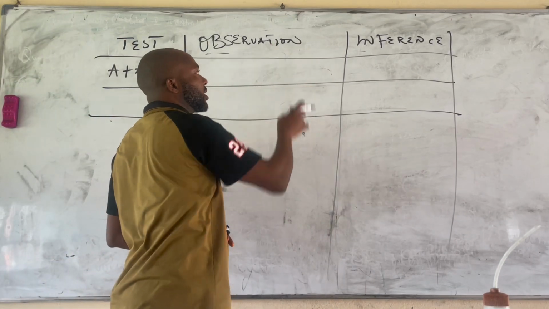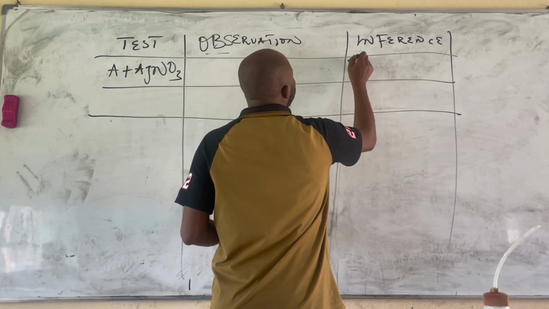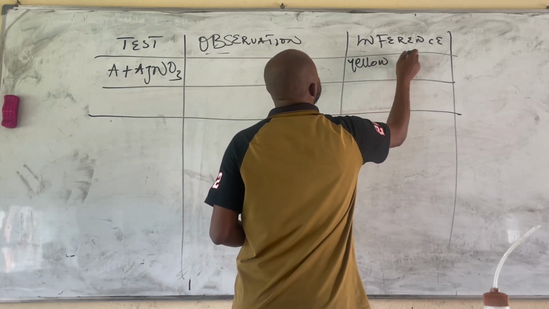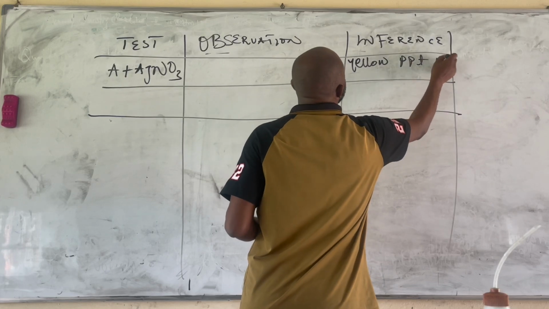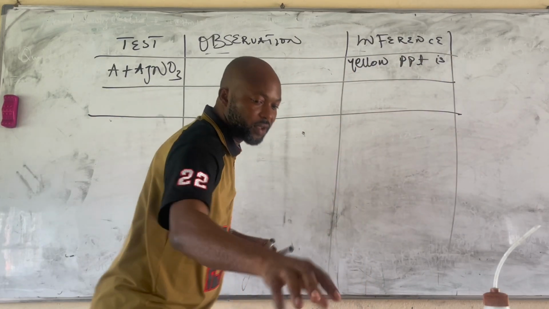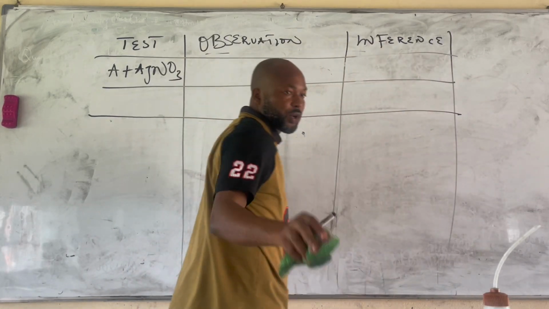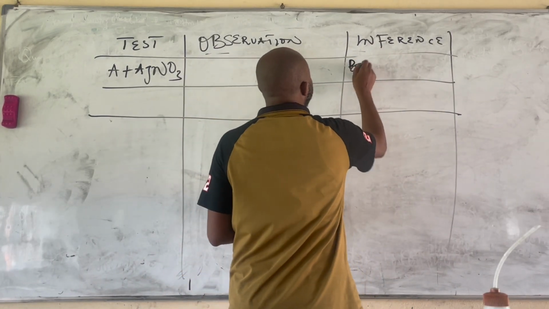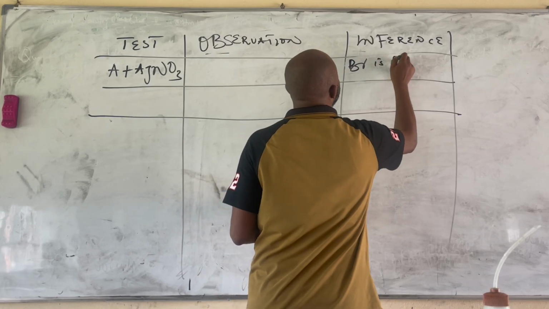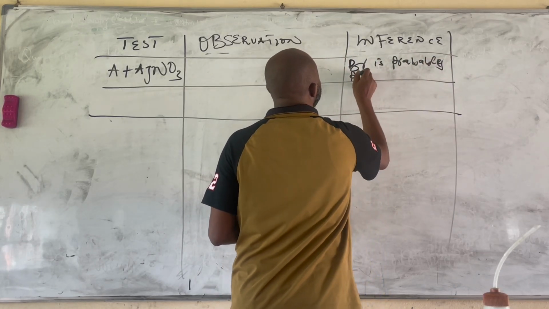I don't know what this is, but I now have yellow PPT. You're going to put the observation. I said bromine is probably present.